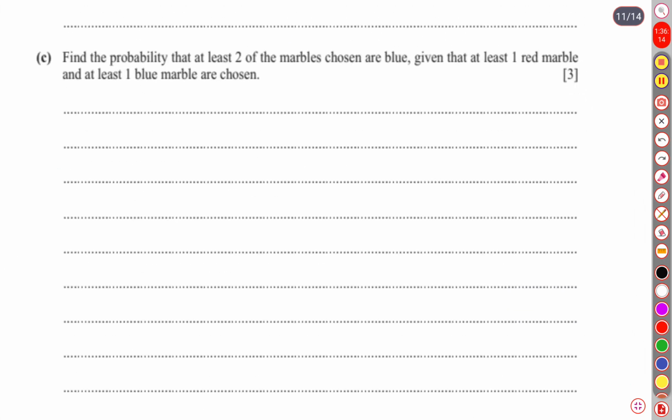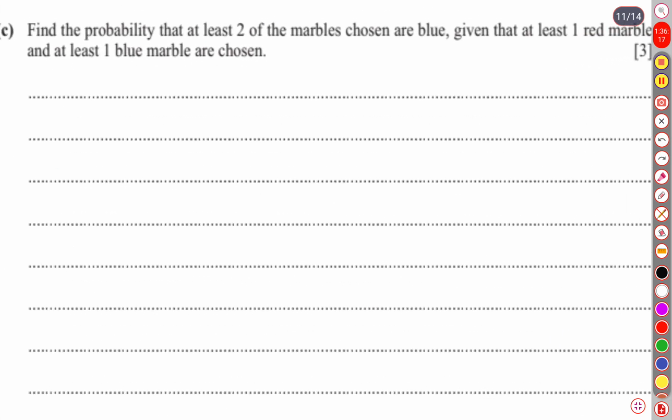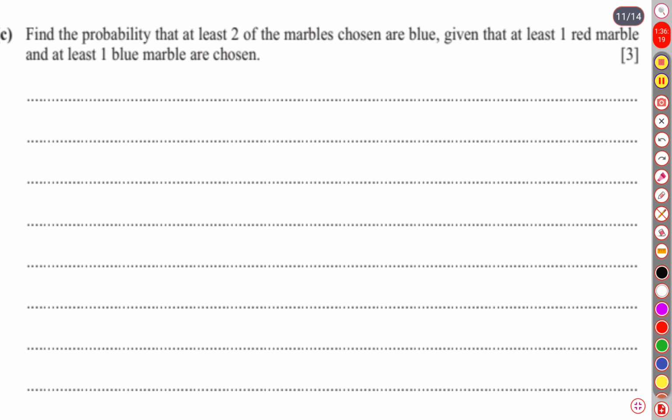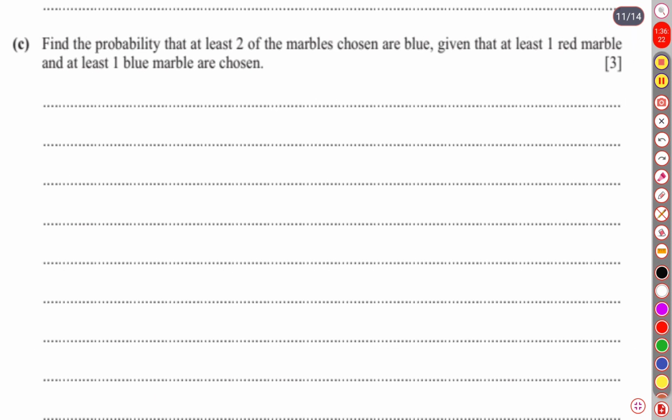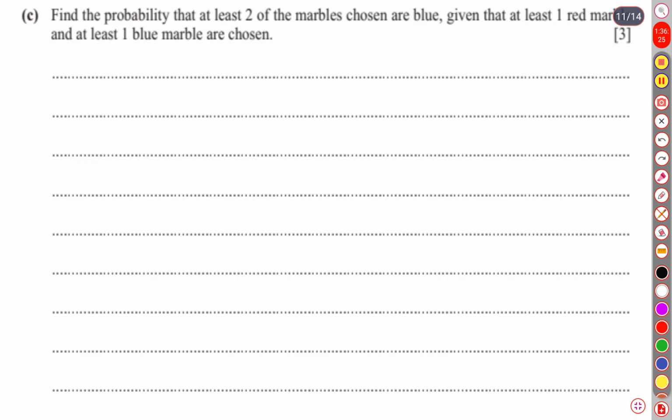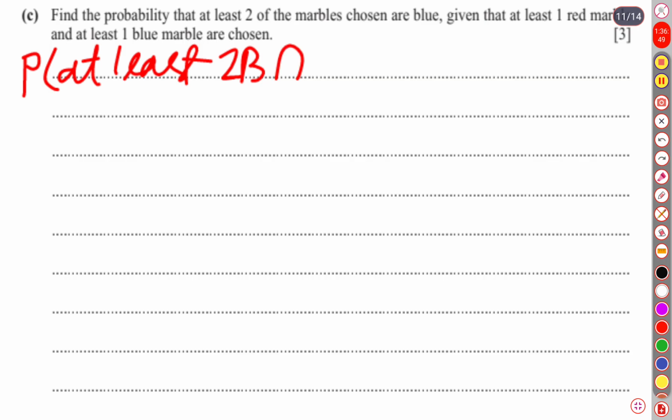Well, then the next one. So for the probability of the next one, the probability that at least two of the marbles chosen are blue, given that at least one red marble and at least one blue marble are chosen. So what are the possible cases? First of all, we will write the probability of at least two blue marbles and at least one red marble.